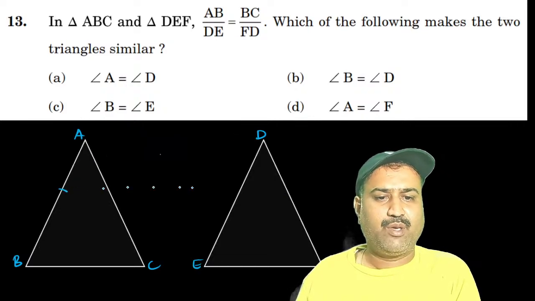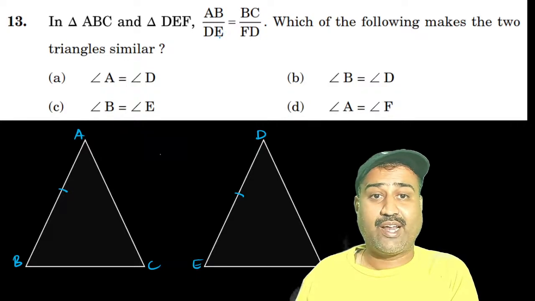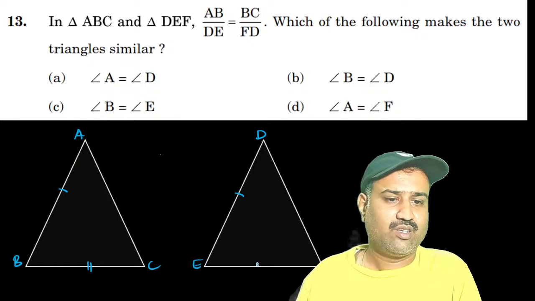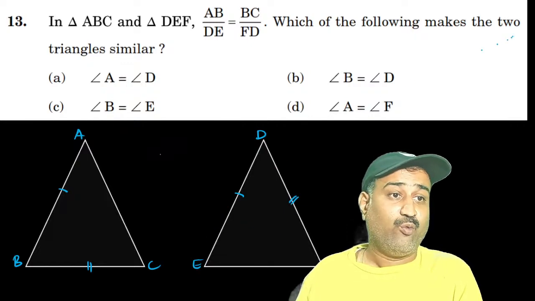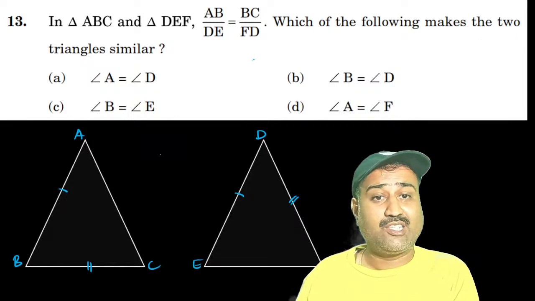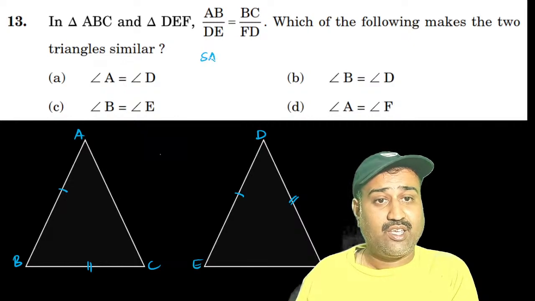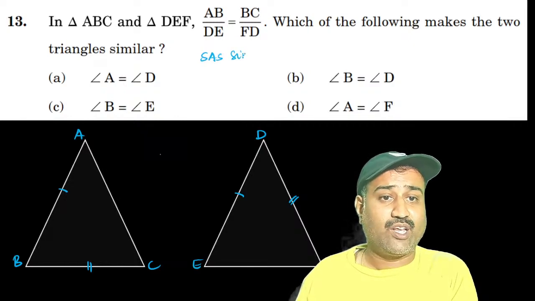Now I know AB by DE is equal to BC by FD, this is from similar triangles concept. Which of the following makes the two triangles similar? See here, we have to use SAS similarity rule here, right?